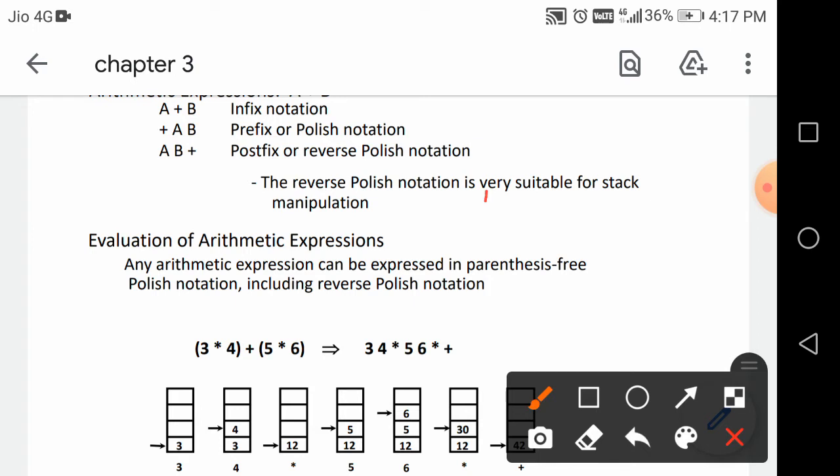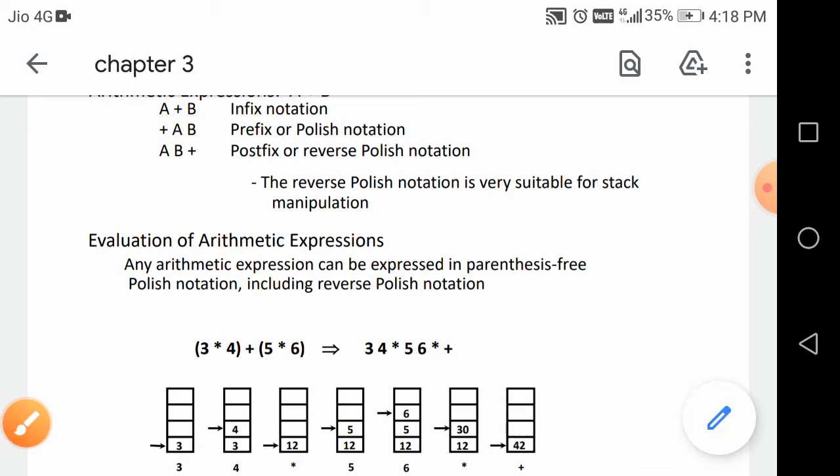It is called infix notation, nothing but normal notation. Next is called prefix, and next is called postfix. So A plus B can be represented as plus AB in the prefix. AB plus can be represented in the postfix, and it is also called reverse Polish notation.